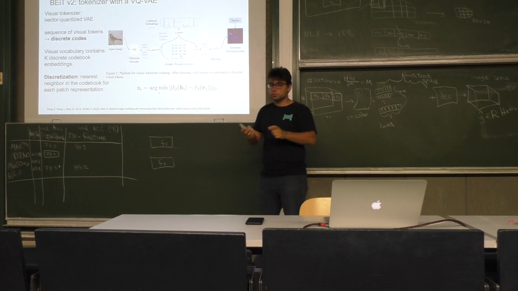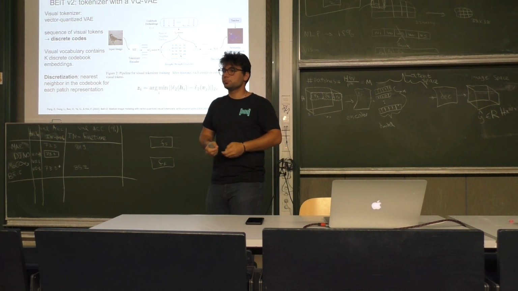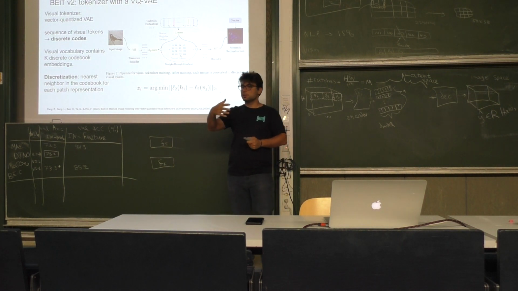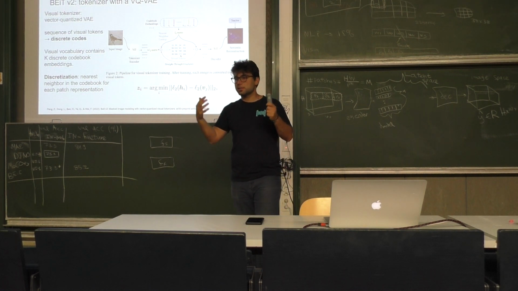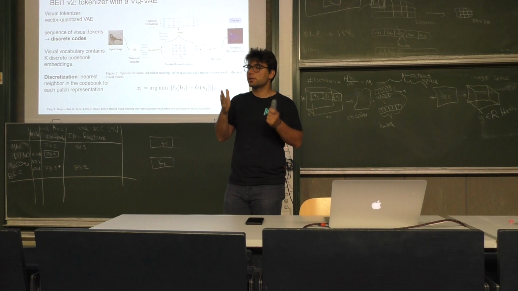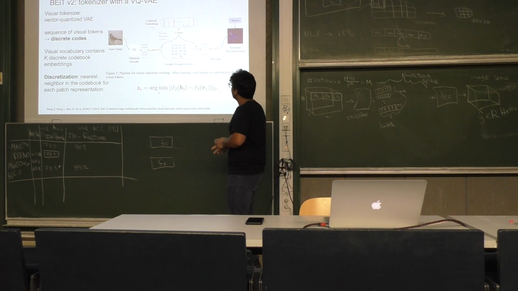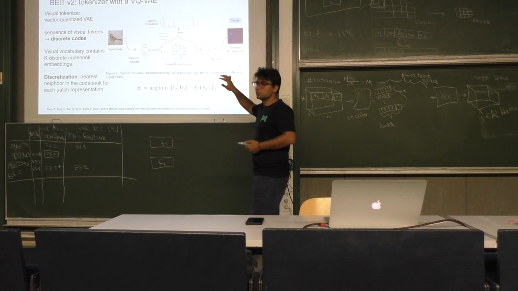So we want to mimic this idea of natural language, where we have this vocabulary, and we try to translate this into vision. This is what people try to do. They try to incorporate this idea of BERT, because we know that BERT works extremely well for natural language and proteins and all this stuff. And we try to find tricks to do that in vision.